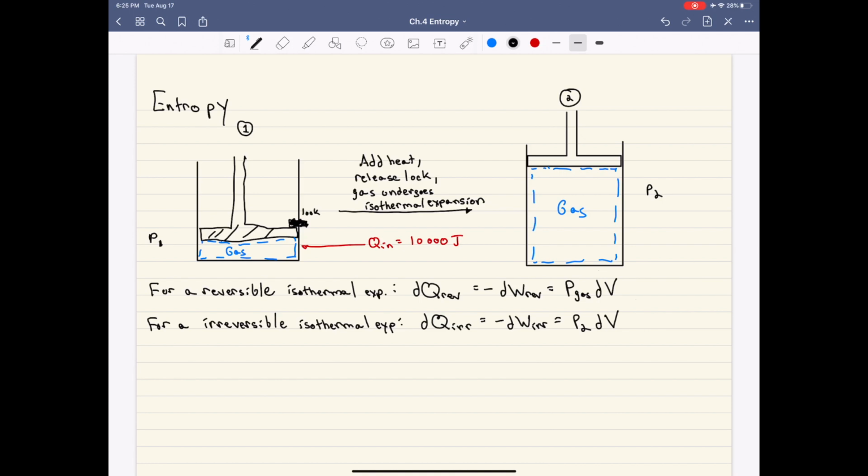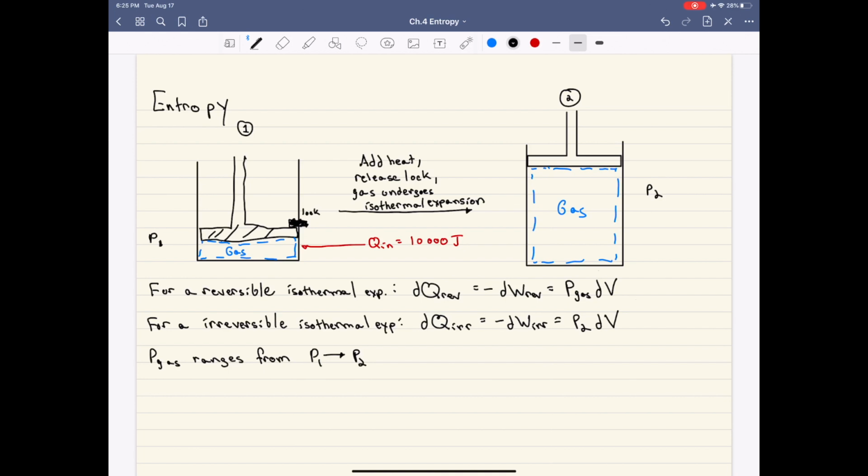Okay? Now for the reversible case, the volume is going to be changing so slowly that the pressure of the gas is also going to be changing very slowly. And it's going to range from P1 and then decrease all the way down to P2.